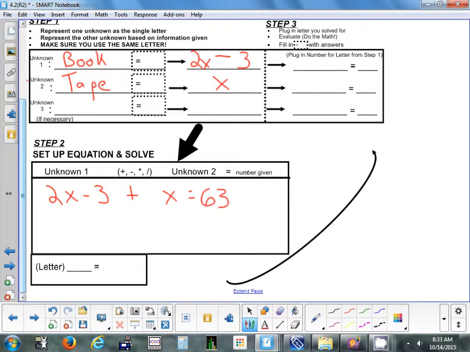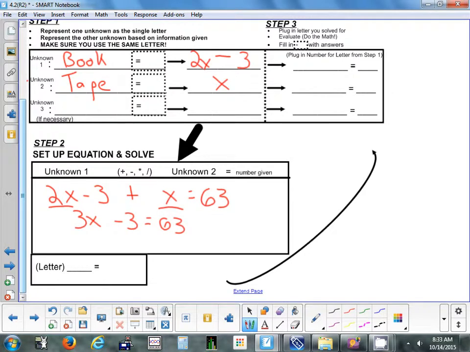I agree with you about doing something with the x's, Maria, but we don't have to subtract. Combine like terms. The x and the 2x are on the same side of the equal sign, right? So I can combine them. 3x, right? The negative 3 is still there, equals 63.